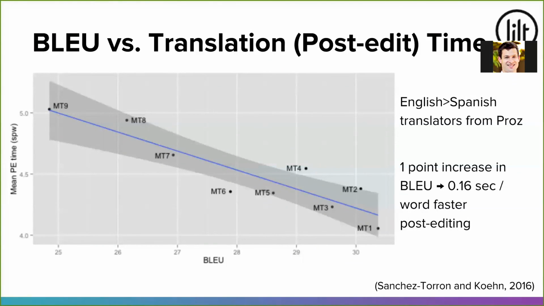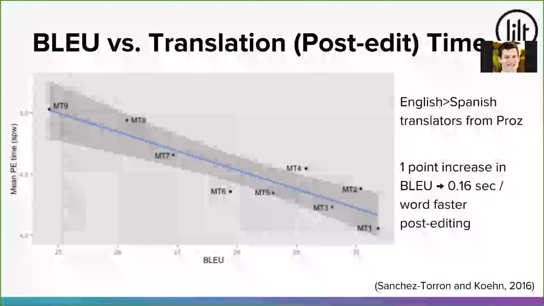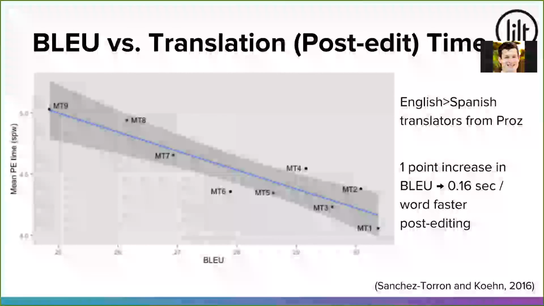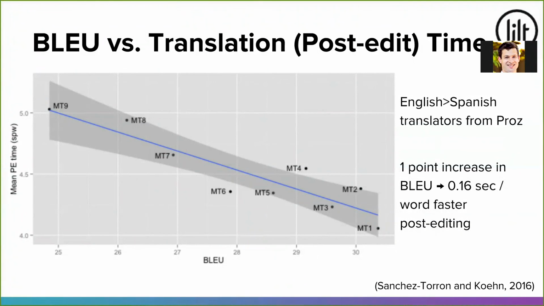And these two researchers, one of whom is Philipp Koehn, who some people might know as the person who's behind Moses, he's a professor at Johns Hopkins University. What they did was they prepared 9 different machine translation systems of various levels of quality in terms of BLEU. And you can do that by limiting the amount of training data. So less training data, you're going to get a worse system. More training data, you're going to get a better system.